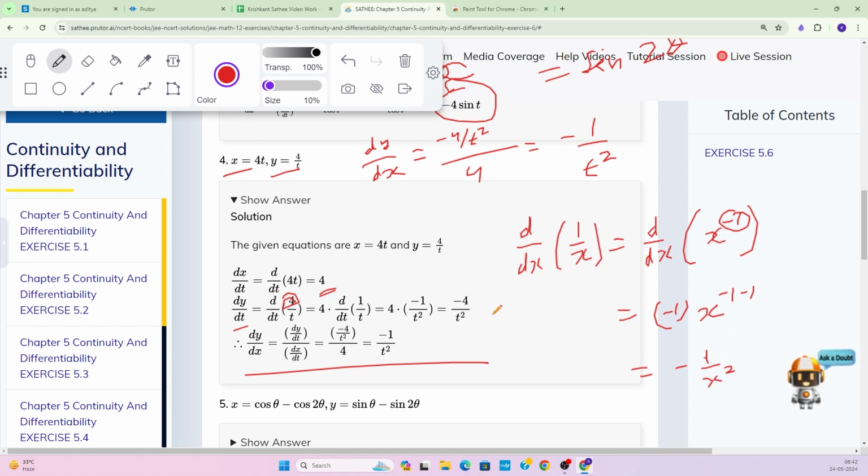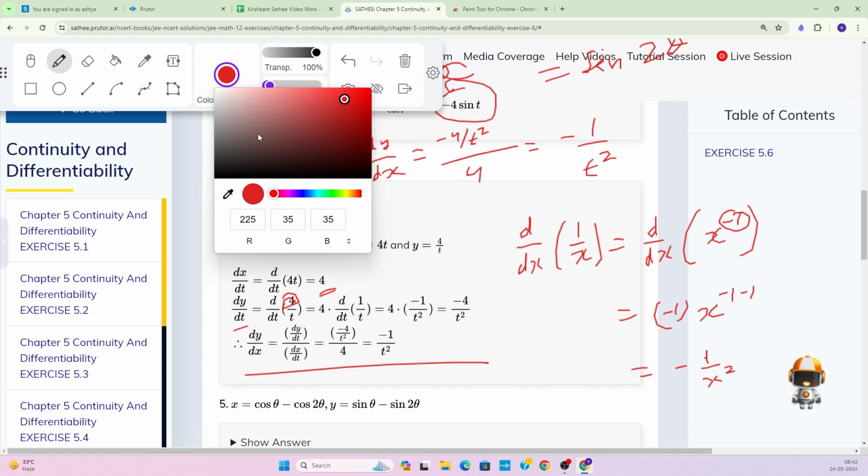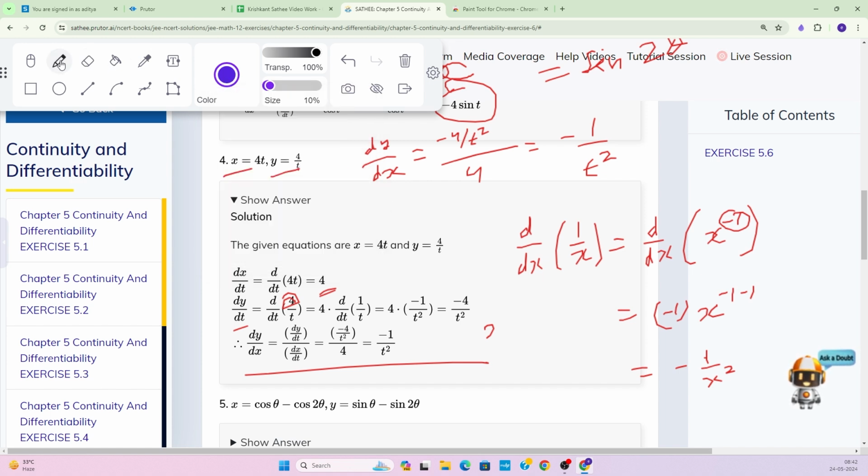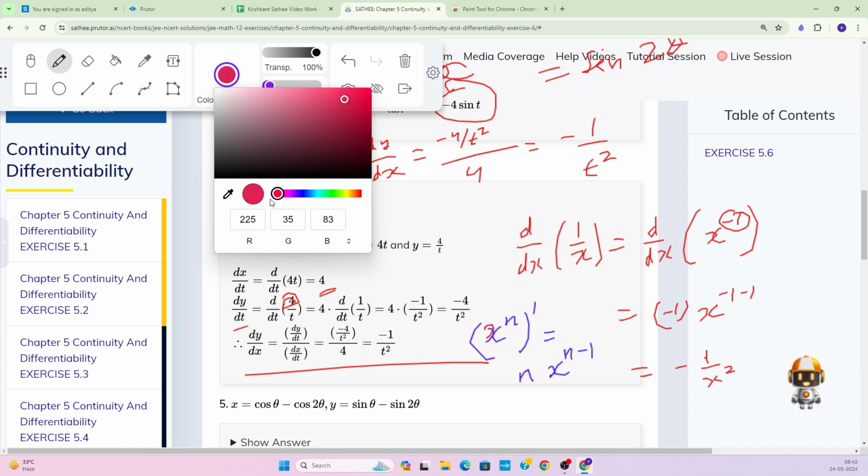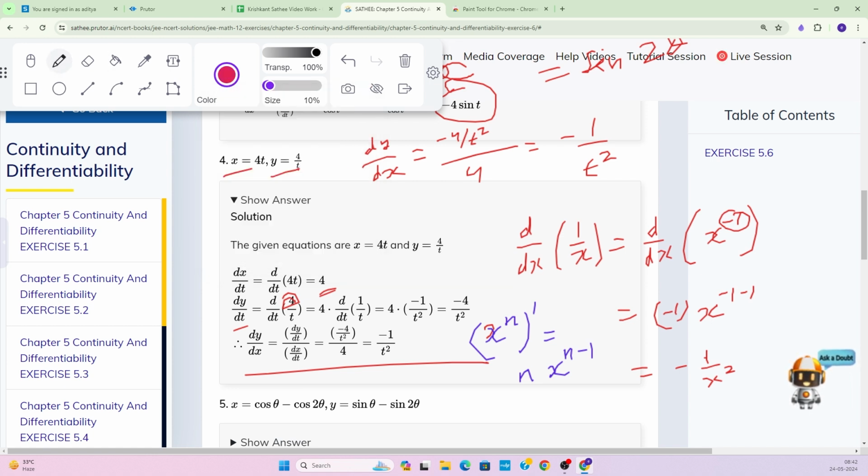In general, the differentiation of x power n will be n multiplied with x power n minus 1. This is what is happening. I hope that it is clear. Very simple.